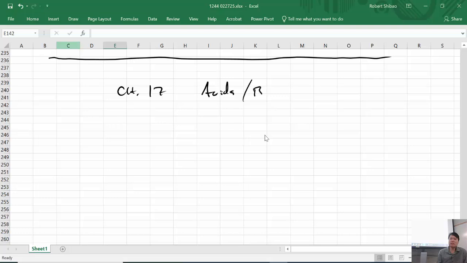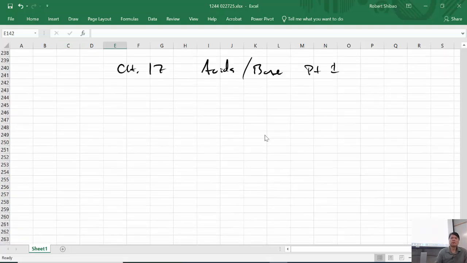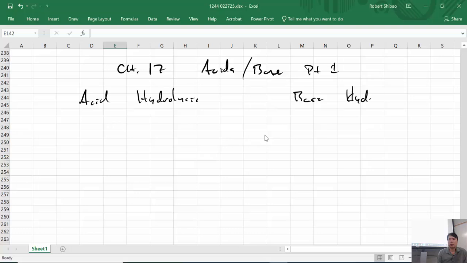Chapter 17 is Acids, Bases, Part 1. So the first thing is we need the acid hydrolysis reaction and the base hydrolysis reaction. We're always going to write it like this.